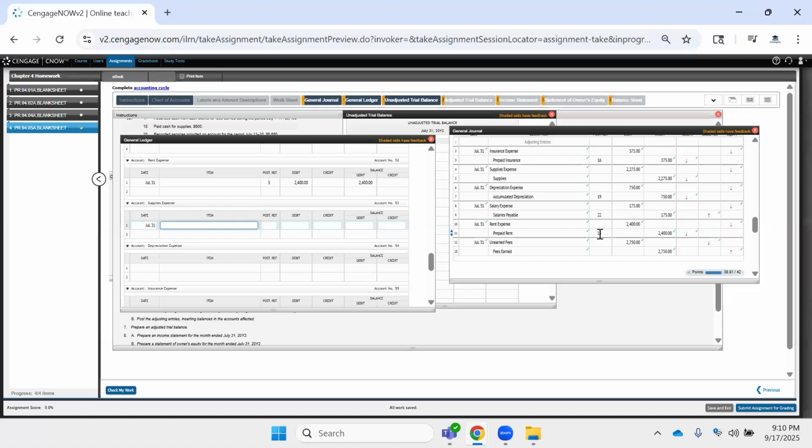Supplies expense, we expired 2,275. And then depreciation expense, we expired 750. Or we depreciated 750. Depreciate is its own verb.